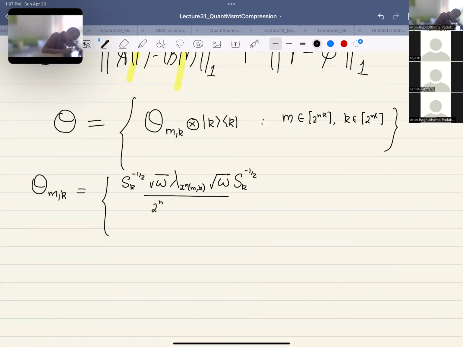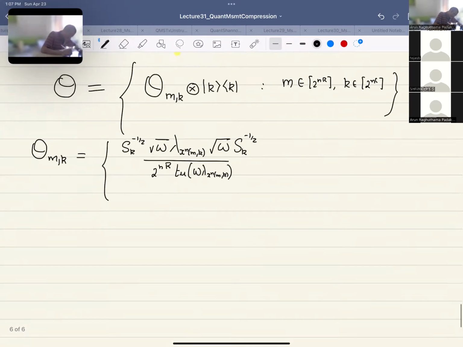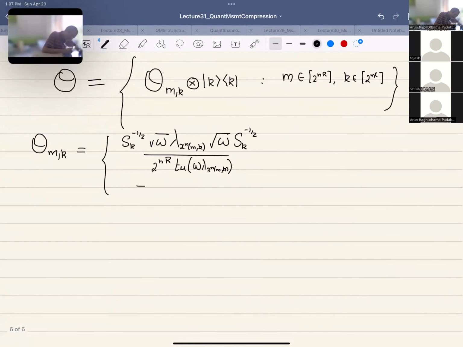2 power nr, trace omega lambda xn of m comma k. Okay, this is what it is. And otherwise, there is an I minus pk. Don't worry about this; that's anyway just m equal to 1 through capital M. What is sk?